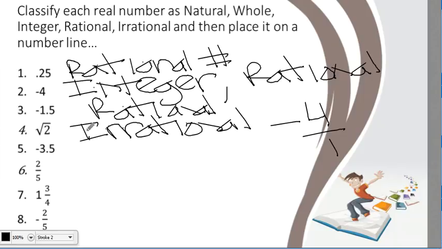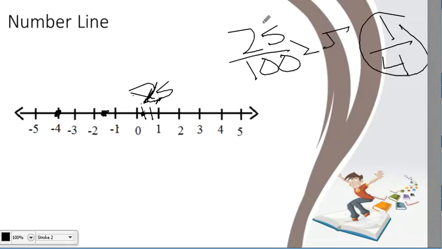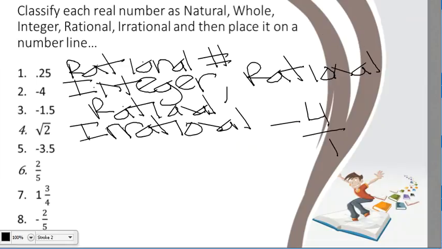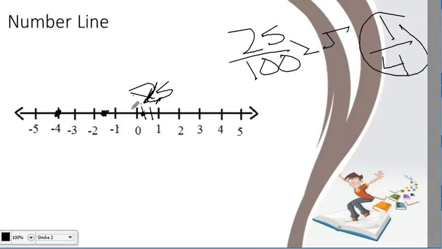The square root of 2 is going to fall somewhere in between 1 and 2. It's not quite 1.5. Remember, it was like 1.414. So the square root of 2 would be about right there on our number line.